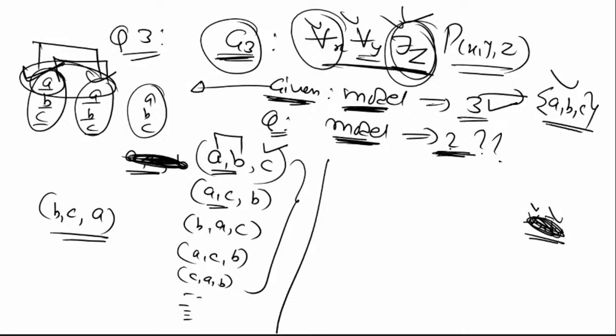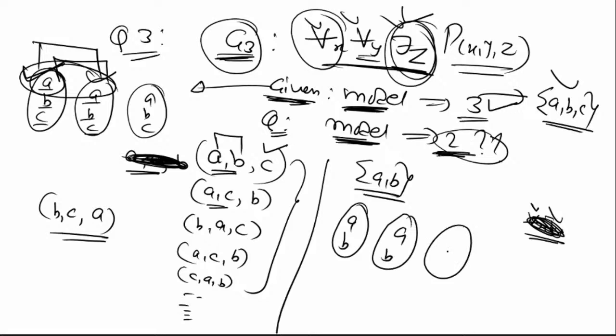Now, let's find out whether there exists a model of size 2. So take A comma B, for example. For this A comma B, can I say that this A comma B will be a model? Let's see. So this is A comma B, this is A comma B, and this is A comma B. For this A comma A, let's assume C exists.